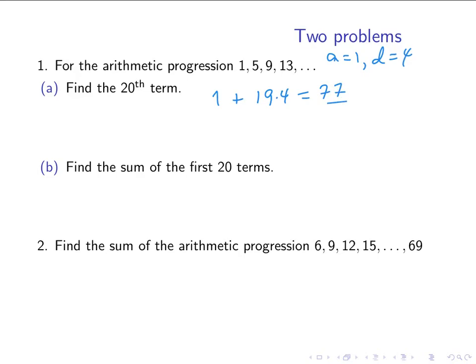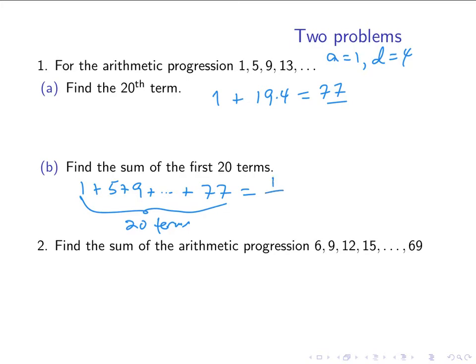The second part says find the sum of the first 20 terms. So let me just write down what I'm summing. I'll have 1 plus 5 plus 9 and so on up to the 20th term, which I've just determined to be 77. So this is adding together 20 terms. The visual explanation we just gave for how to do this gives us our answer immediately here.